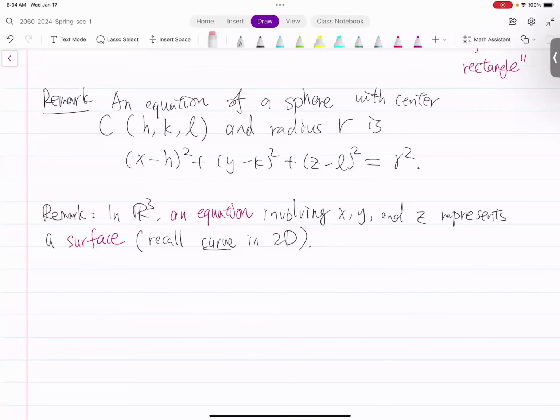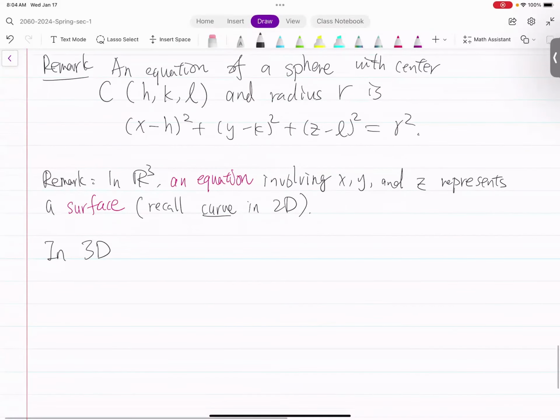So in 3D, we have two questions as follows. Question one: is x squared plus y squared plus z squared a surface?